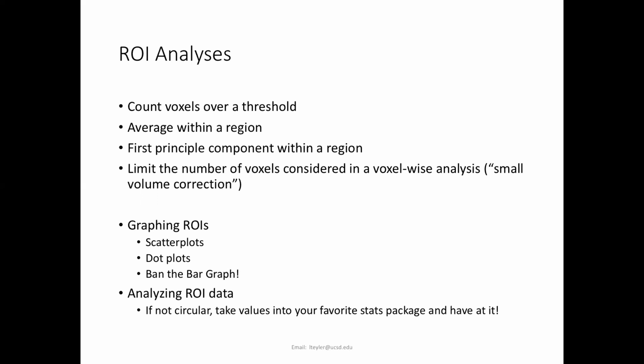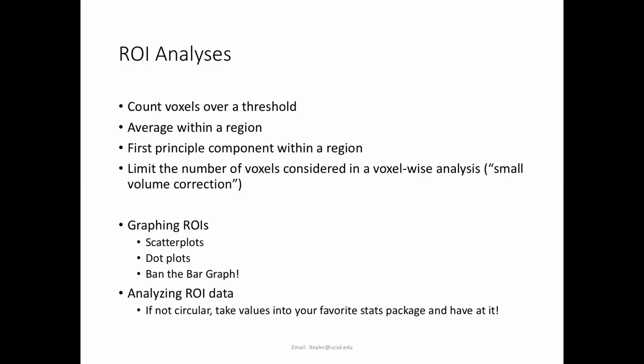And then you might also actually do a voxel-wise analysis within an ROI. That's sometimes called a search region of interest, or sometimes called small volume correction. But you might say, I don't want to average across all the voxels in this ROI because maybe it's sort of big, like maybe it's the whole superior temporal gyrus or something like that.